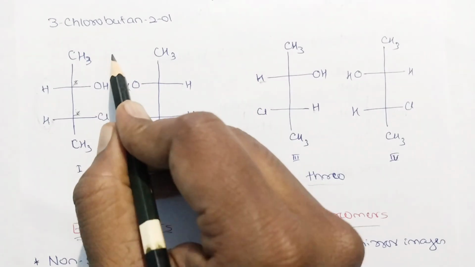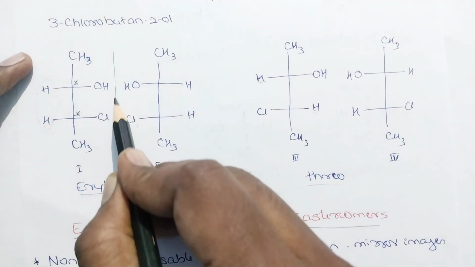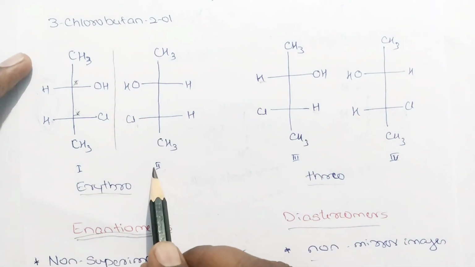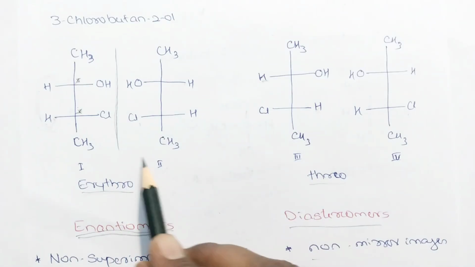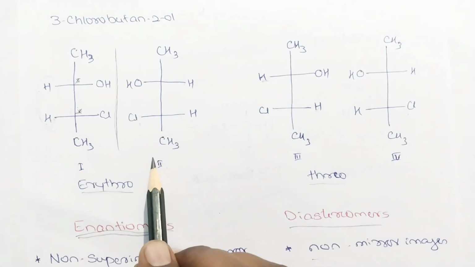See here, these are two isomers. These 1 and 2 are isomers. Here you can place the mirror. These two are mirror images.